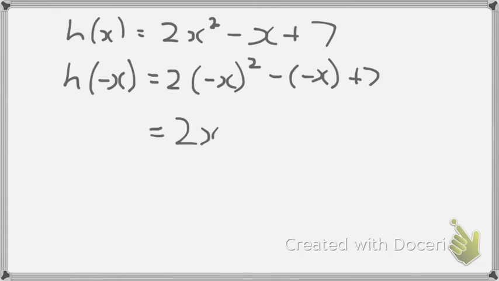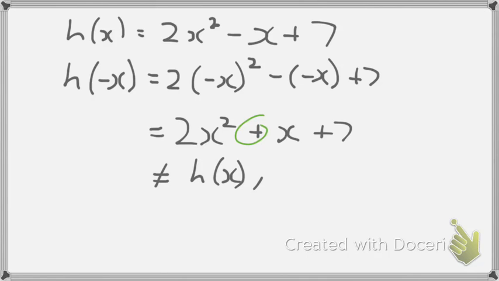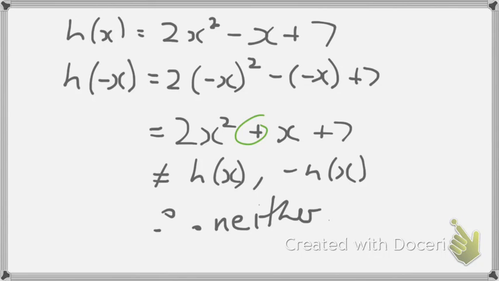So that's just 2x squared minus x plus 7, and that is not equal to h of x, clearly, because of the plus in the middle, and it's also not equal to minus h of x, because it has to be for all values of x in the domain. And quite clearly, they both have a plus 7 at the end, so they're going to be different for different values of x. So therefore we say it is neither odd nor even, and that's valid as well.